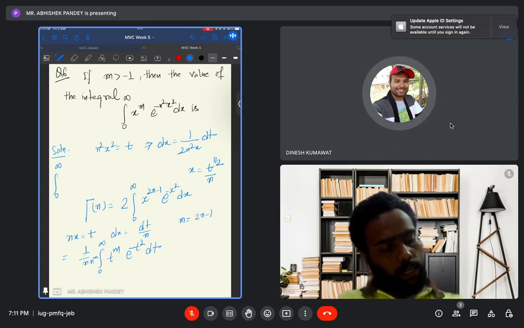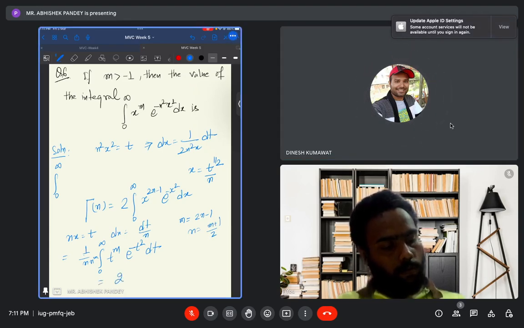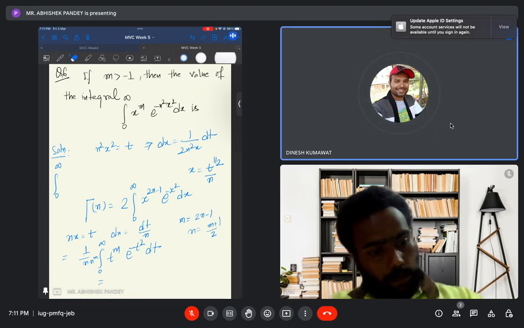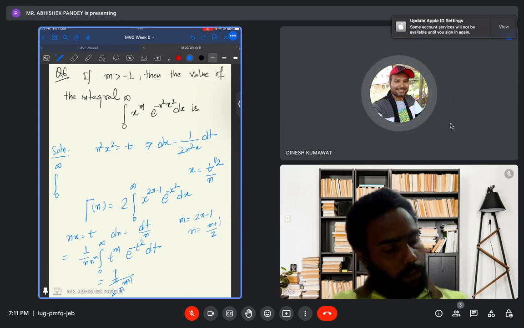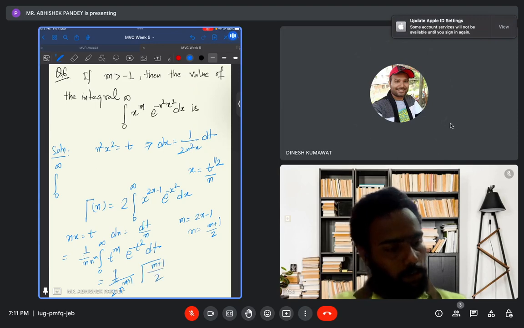Okay, so n equals m plus 1 by 2. So the gamma of m plus 1 by 2, multiplied by 2, so this will be 2 into 1 by 2, 1 by 2 n to the power m plus 1, gamma of m plus 1 by 2. Yeah, so this is the answer only.